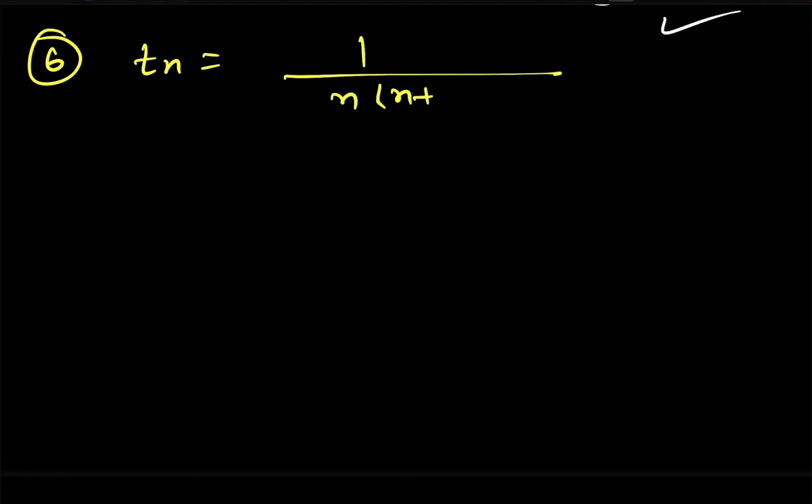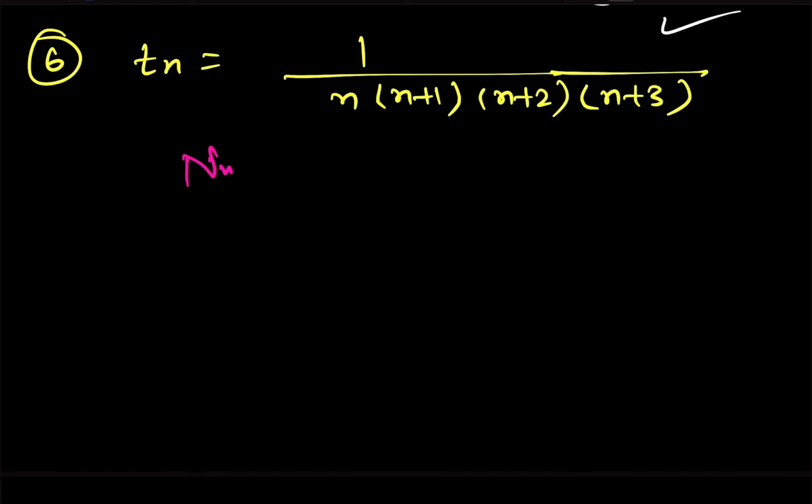So let's see one more, the sixth type of summation. The sixth type is, suppose tn is 1 over n into n plus 1 into n plus 2 into n plus 3 in the denominator, and suppose there is a constant in the numerator, say 1 only.